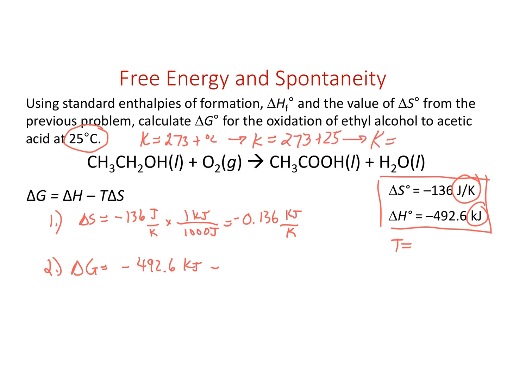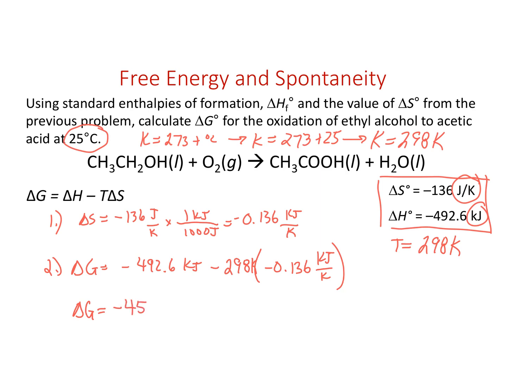My temperature in Kelvin equals 298 K. Plug that in, so 298 Kelvin times my entropy, negative 0.136 kJ per Kelvin. And when I multiply, my units of temperature cancel out. I had Kelvin here. And subtract, I get a delta G for this reaction equal to negative 453 kilojoules.